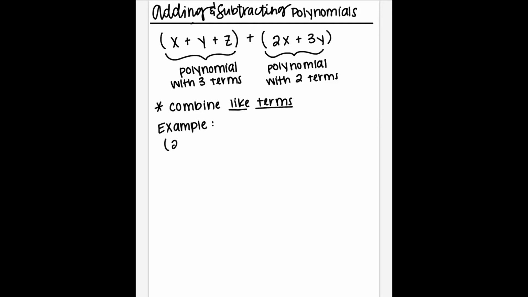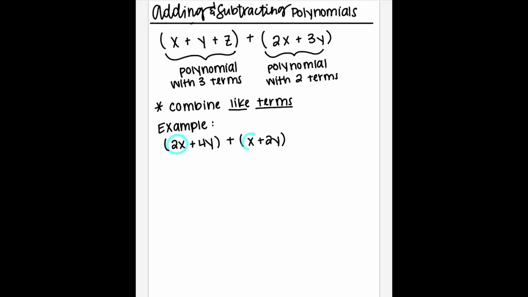If I give you 2x plus 4y, a polynomial with two terms, and we want to add the polynomial x plus 2y, the process of adding these polynomials is to look at the like terms.